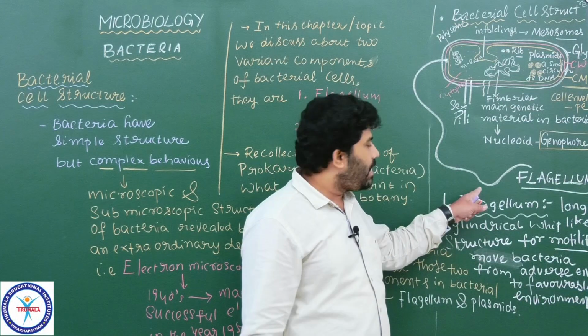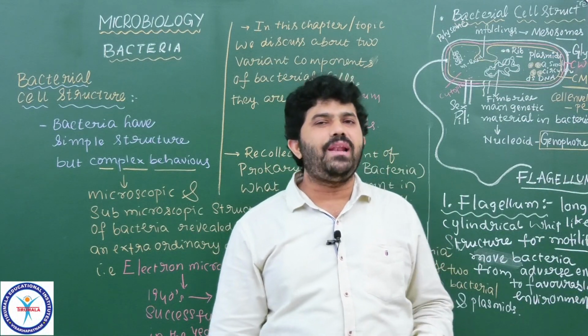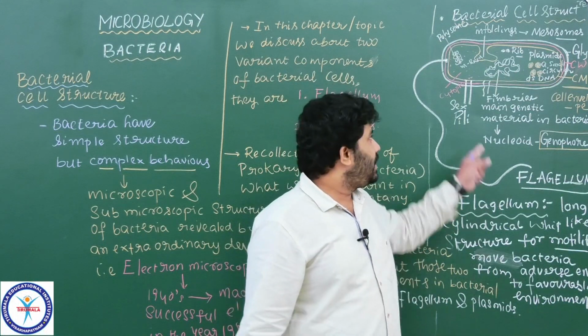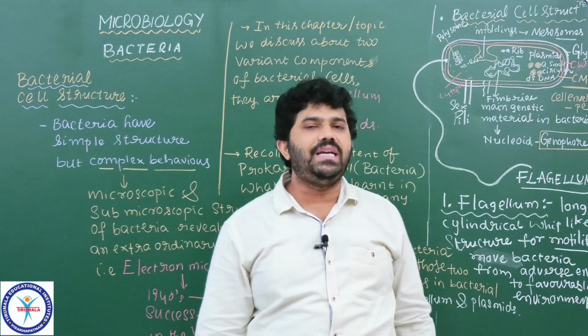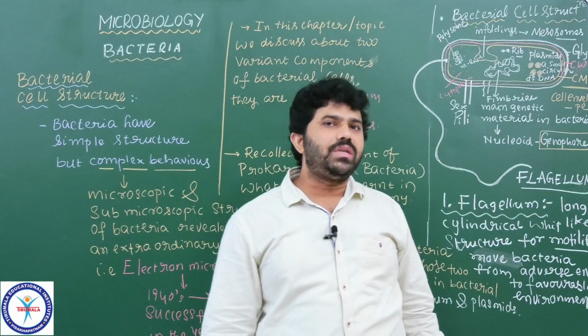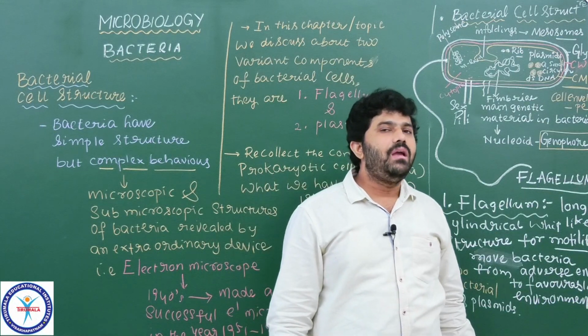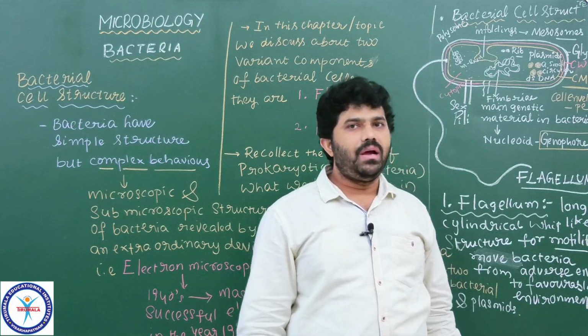Okay, based on the number of flagella and the location of the flagella existing on the bacterial cell, we divide bacteria into different types. So now we will discuss the types of bacteria based on the number of flagella and arrangement of flagella. Understood, students?